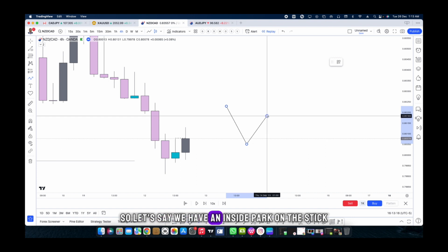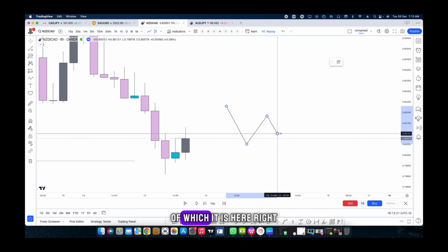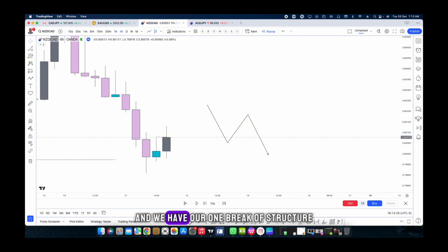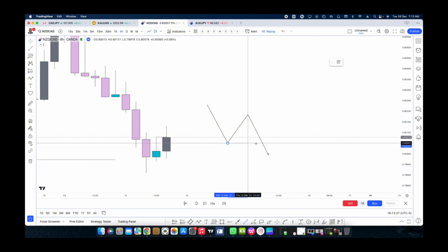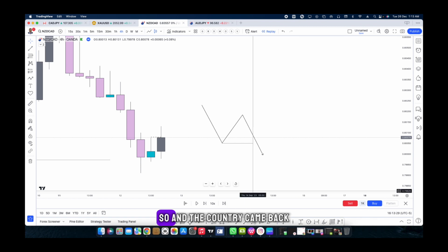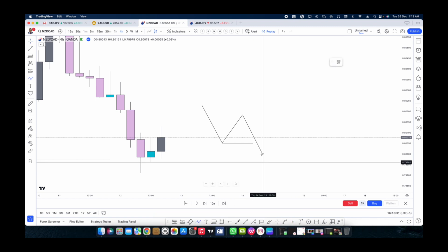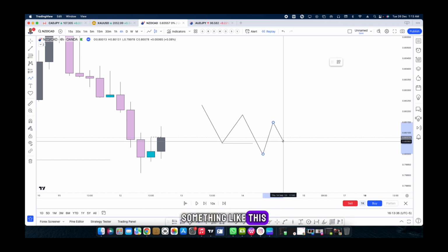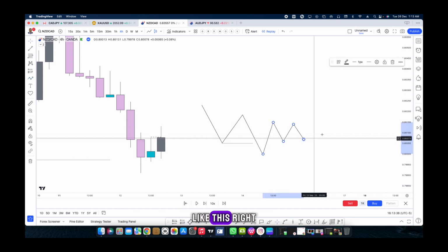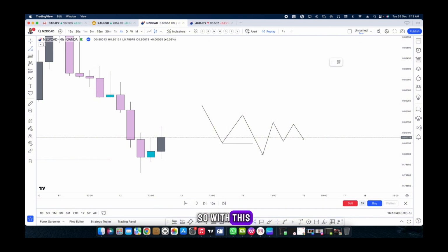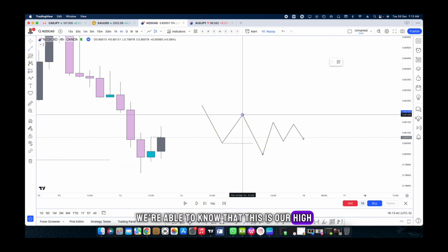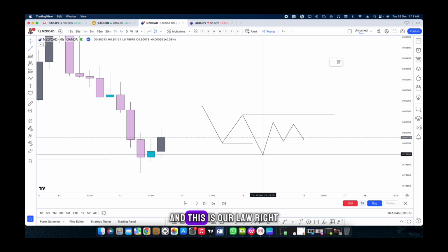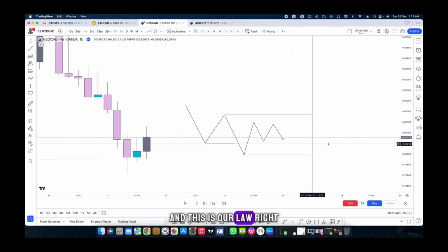Now let me explain to you guys through my diagram. So let's say we have an inside bar candlestick, which is here, right? And we have one break of structure to this side. Then the candlestick came back and starts moving like this, like this. With this, we're able to know that this is our high, this is the high that broke the low, and this is our low, right?